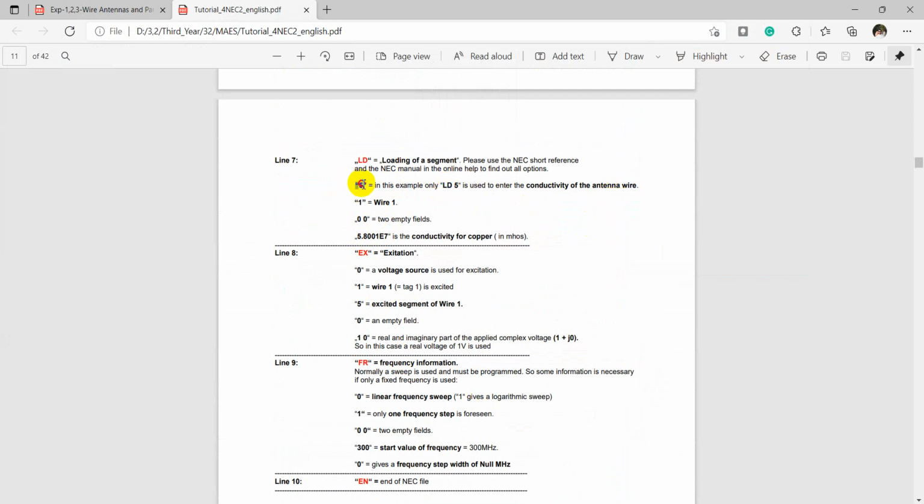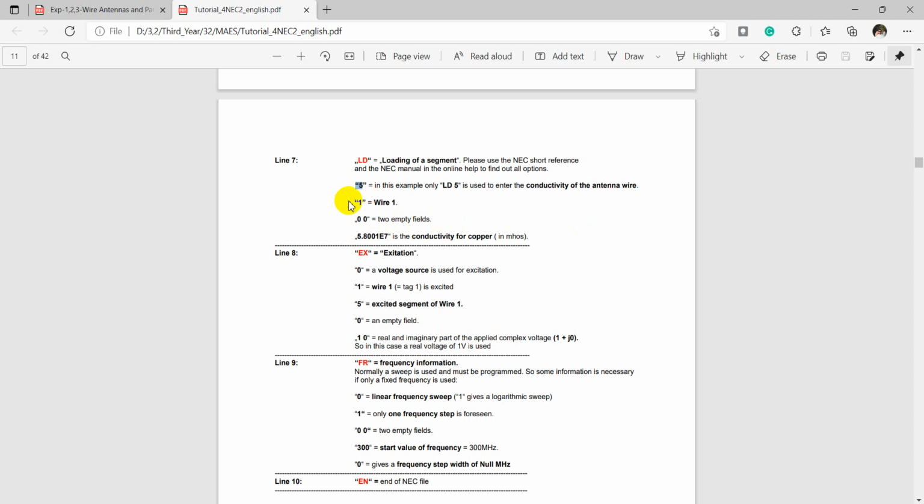That means it's not a value that must be included in this section; it indicates the conductivity of the antenna wire. So when you see this value in the editor window, you have to understand that the value is not something you must put in these boxes. You just understand that it is the conductivity of the antenna wire.